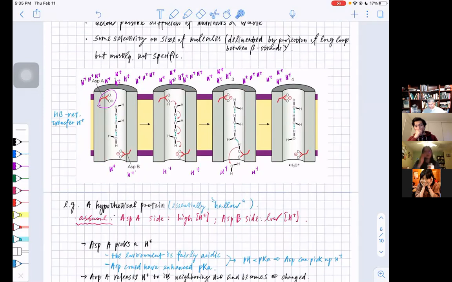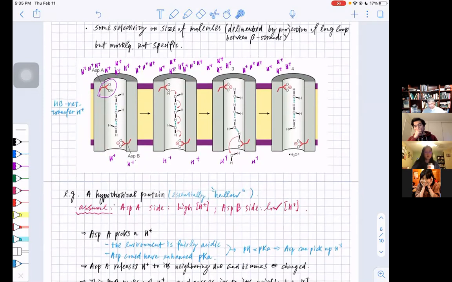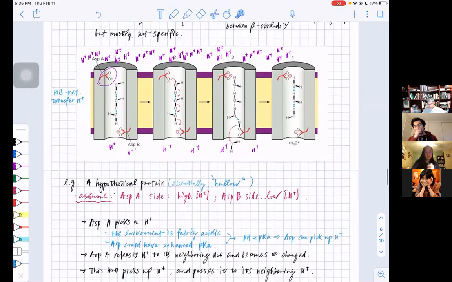has a higher concentration of proton, thus a lower pH, lower than the pK of aspartate, so that the aspartate A picks up the proton. And then it will deliver the proton to its nearby water molecules, and through this extensive hydrogen bonding net, the proton will eventually end up on this originally negatively charged aspartate B. Why is it negatively charged?